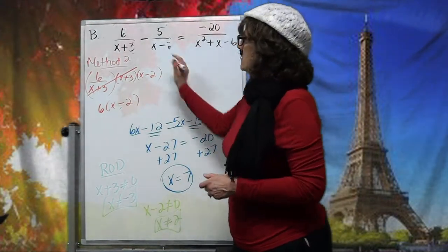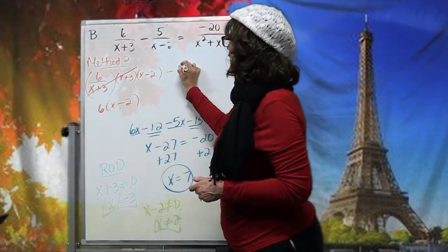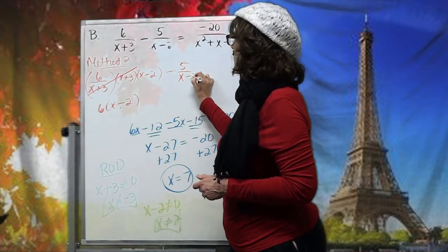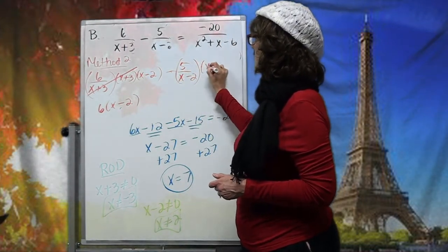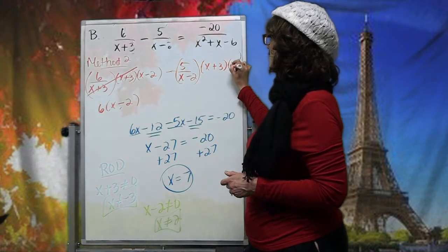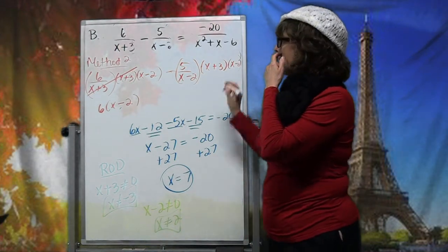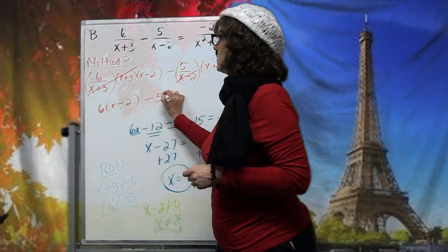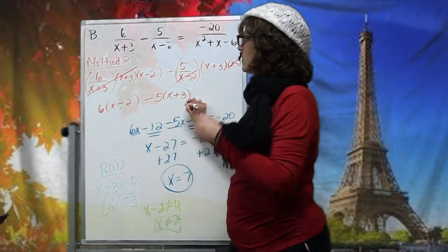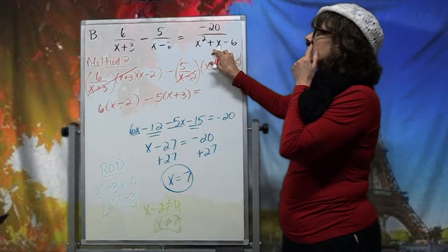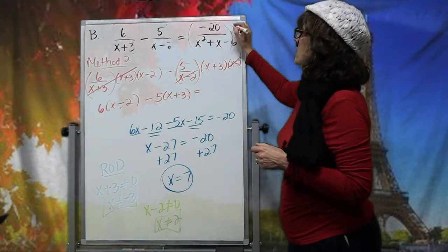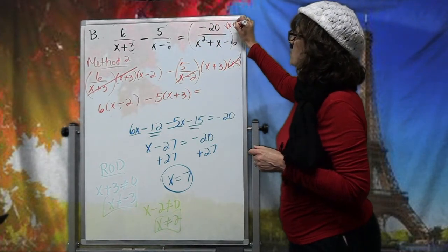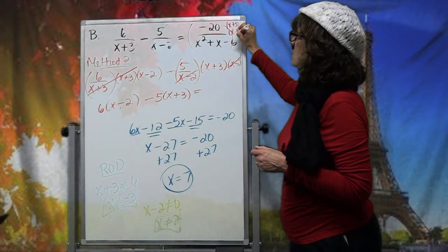And then I'm going to take this second term and multiply it by the LCD of x + 3, x - 2. And the x - 2s will cancel, and I'm left with -5 times x + 3. And then here in the back, I'm going to multiply this one by that LCD of x + 3, x - 2.